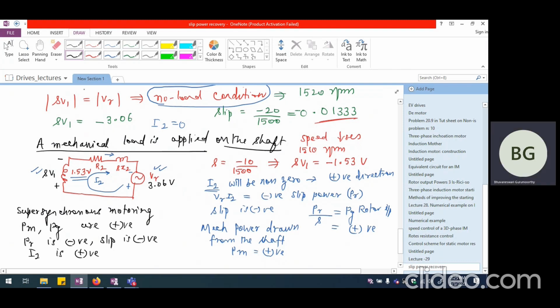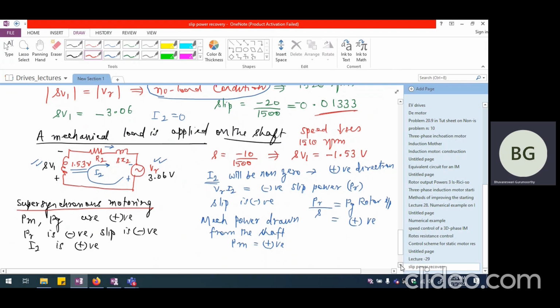So this is typically the super-synchronous motoring operation, where we are looking at probably a wind turbine which is connected to the shaft of the wound rotor induction motor. It is running at super-synchronous speed. Necessarily, it doesn't mean that it has to generate. It can really work in motoring zone as well.